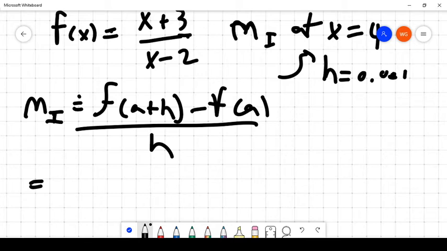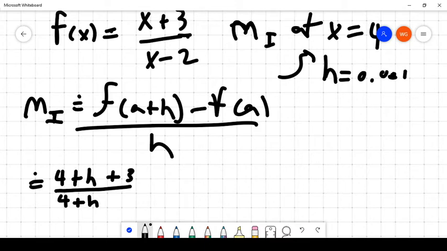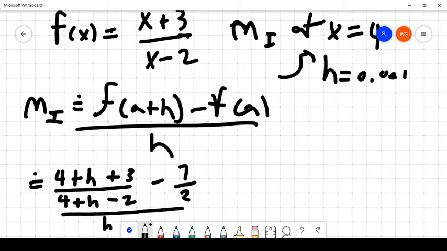We'll say this is equal to 4 plus h, because remember we're doing a plus h and the value for x is 4, plus 3 over 4 plus h minus 2, that's f of a plus h, minus f of a, and when you plug in 4 for x, what you get is 7 over 2, so minus 7 over 2, and all of that is going to be over h.